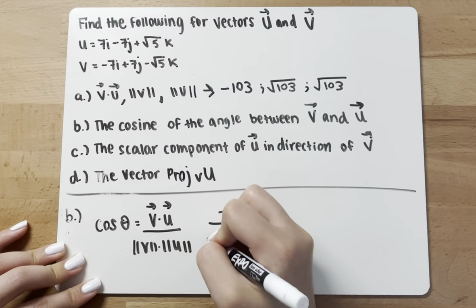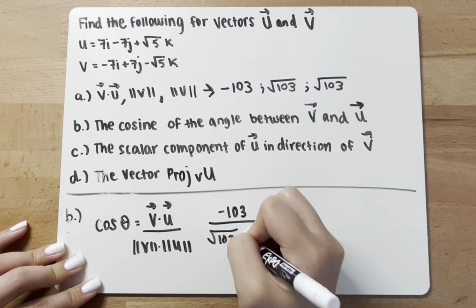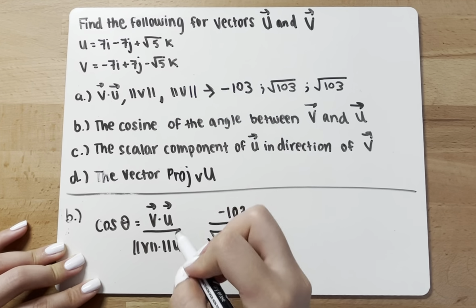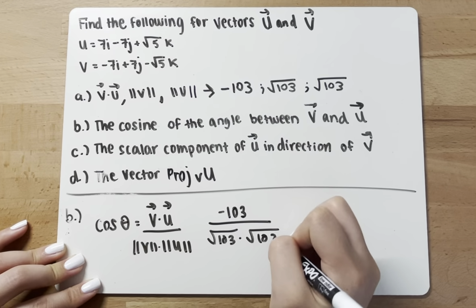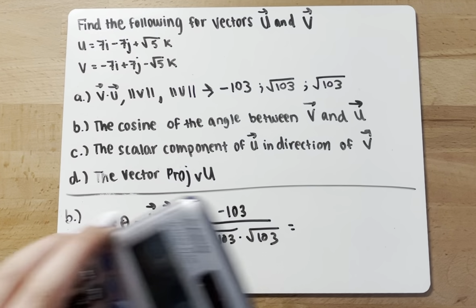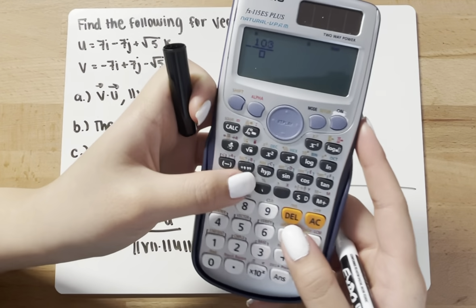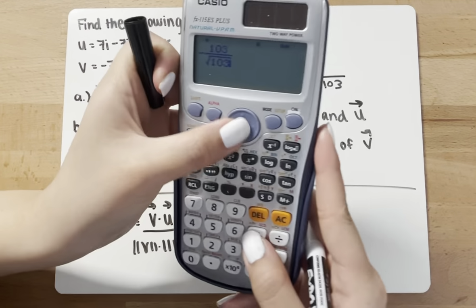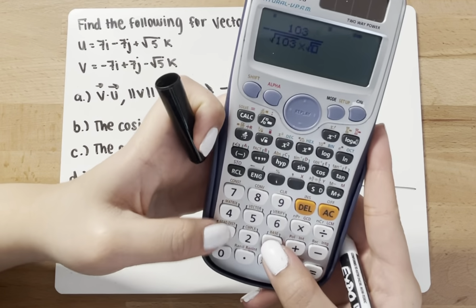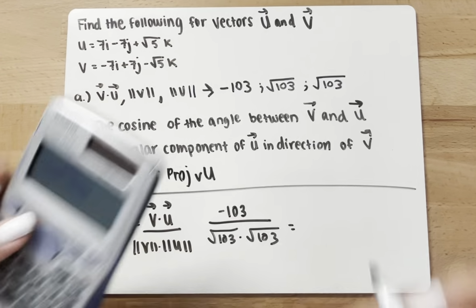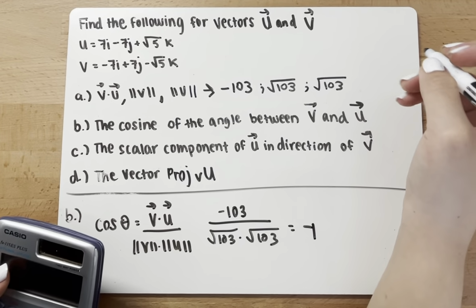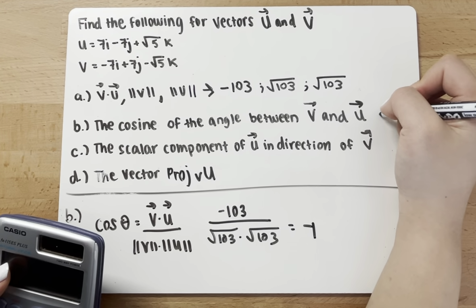The magnitude of v is √103, and the magnitude of u is √103. Evaluate that, you get -1. So the cosine of the angle between v and u is -1.